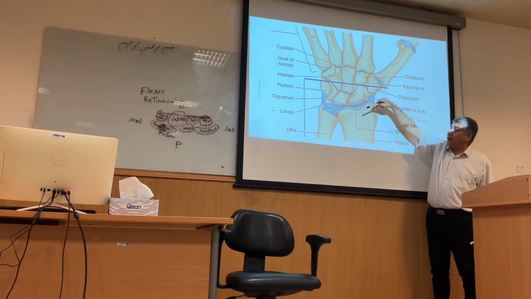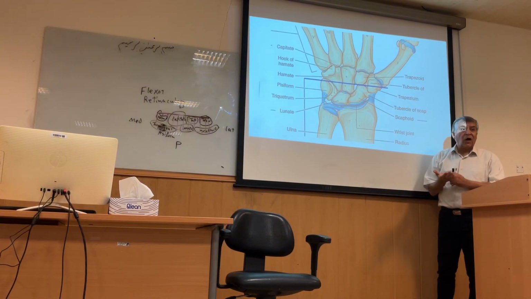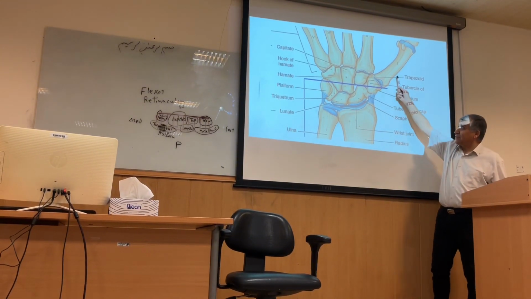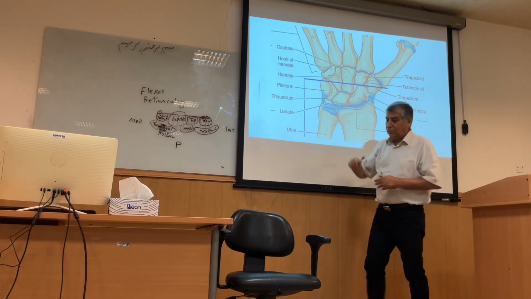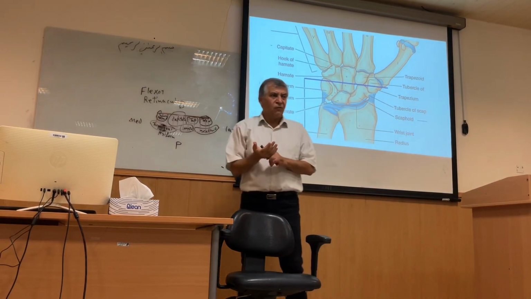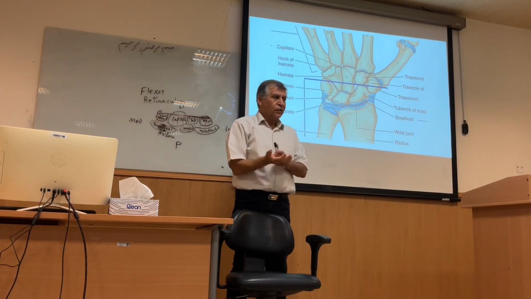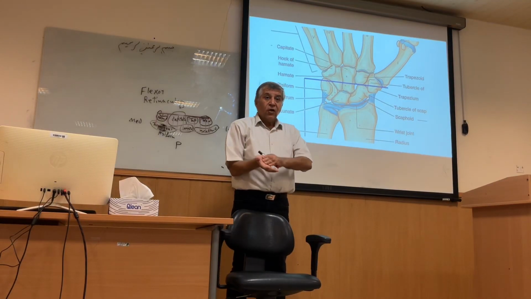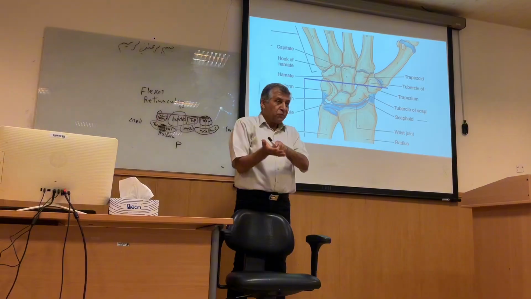Anterior surface of all metacarpal bones are concave. Why? For the formation of 20 muscles. 20 muscles are here.